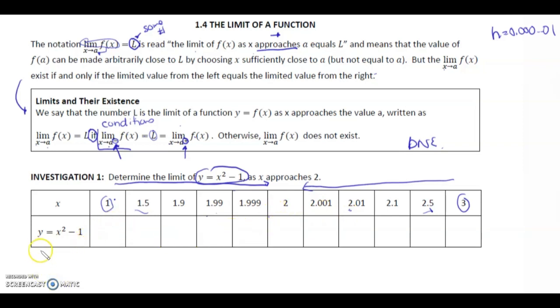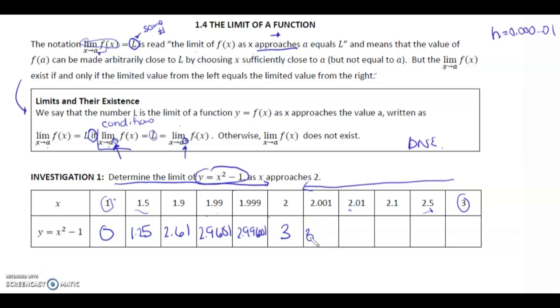Let's substitute these values in. For example, 1 squared minus 1 gives 0. 1.5 squared minus 1 gives 1.25. We do this for all of these values. The values we get are 2.61, 2.9601, 2.996001. f of 2 is 3, since 2 squared minus 1 is 4 minus 1.